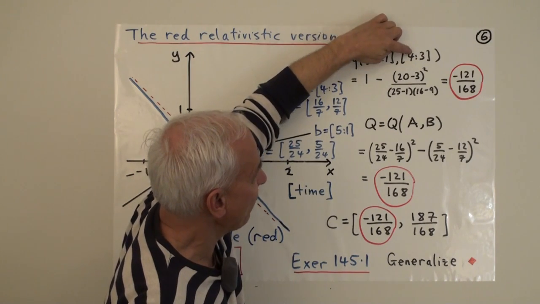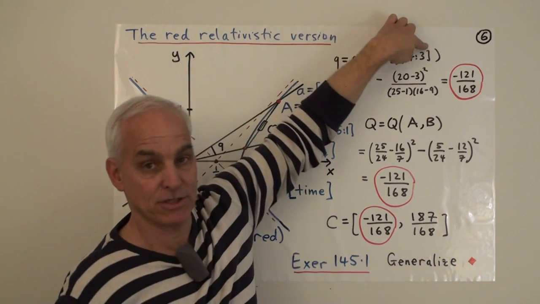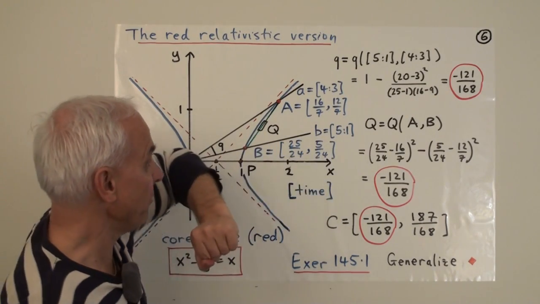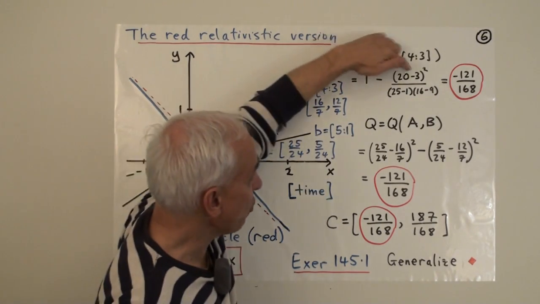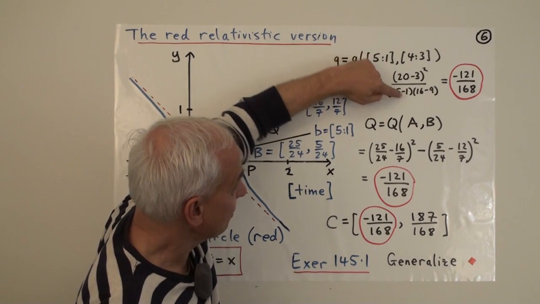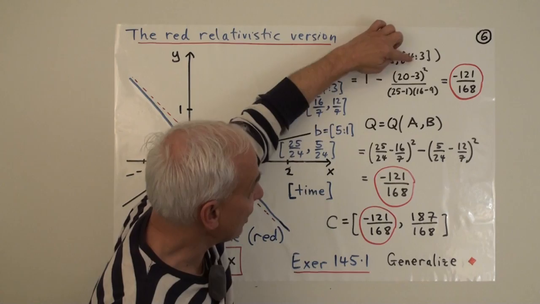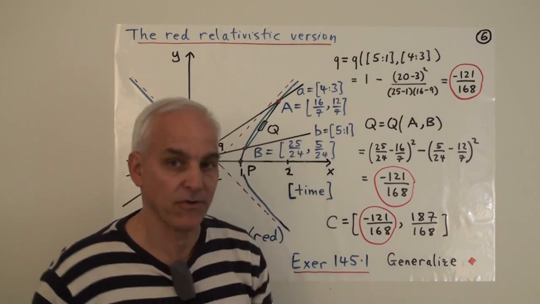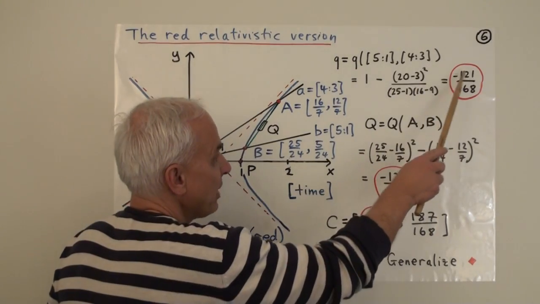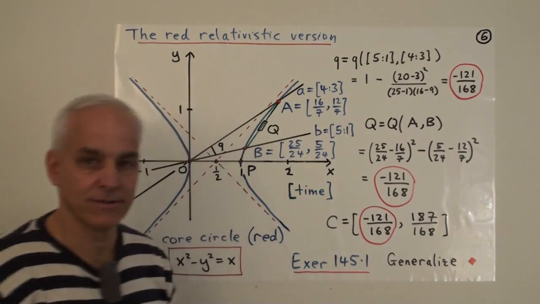So 5 times 4 minus 1 times 3, because it's the red dot product or inner product. So all of that squared divided by 25 minus 1 times 16 minus 9, the difference of the squares. And that simplifies to be minus 121 over 168.